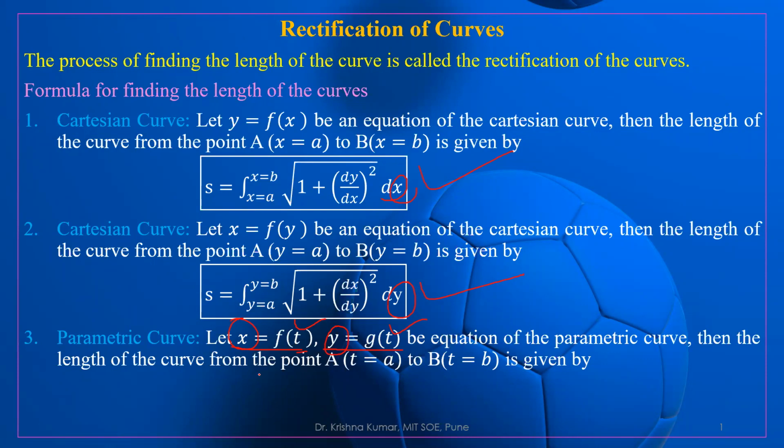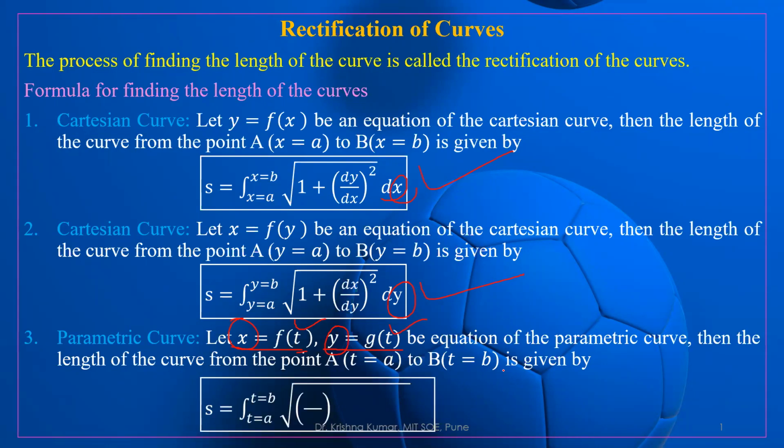Then the length of the curve from the point A, from t is equal to a to t is equal to b, is given by s is equal to integration under the limit of t from a to b of root over (dx/dt) whole square plus (dy/dt) whole square with respect to t. So this is the formula for the parametric curve.